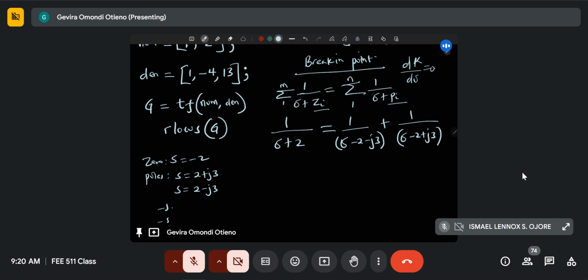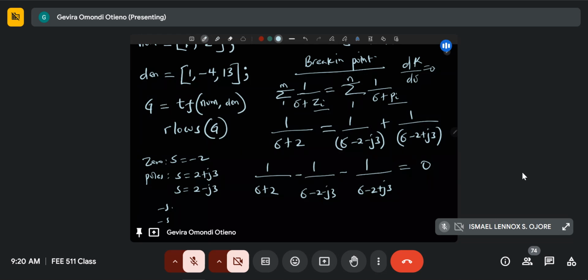Basically, you're going to have 1 over sigma plus 2 minus 1 over sigma minus 2 minus J3 minus 1 over sigma minus 2 plus J3 equals 0.